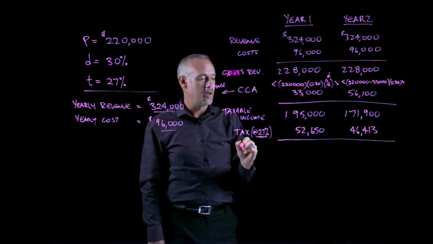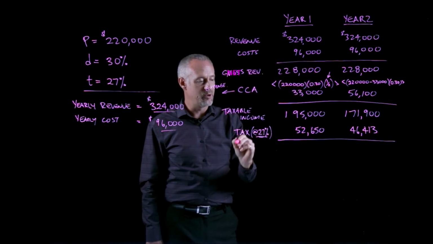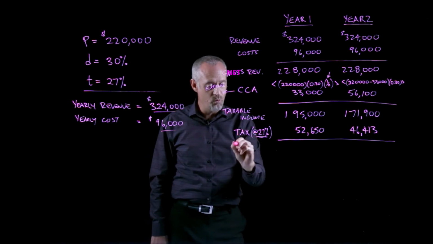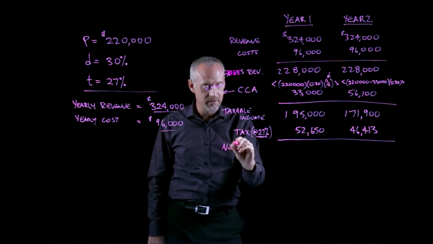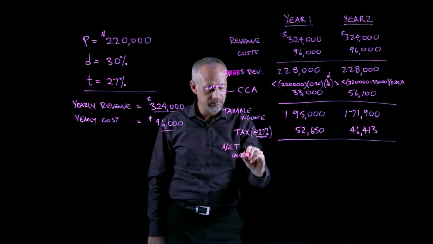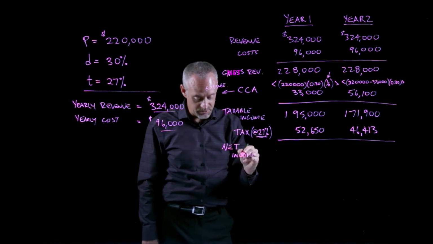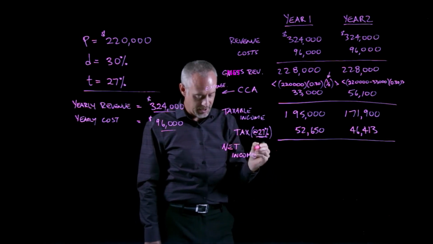Now we subtract the amount of tax the company has to pay from their taxable income, and we come up with what's called the net income, or sometimes called the after-tax income.